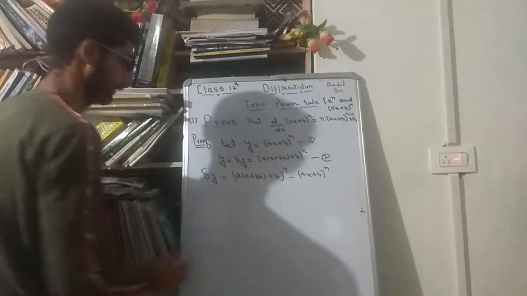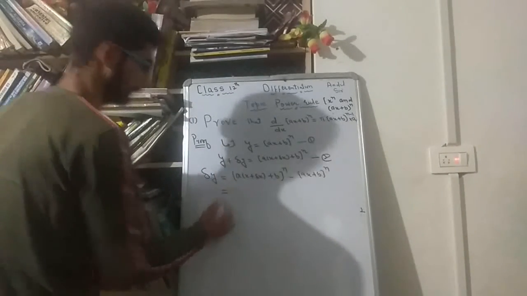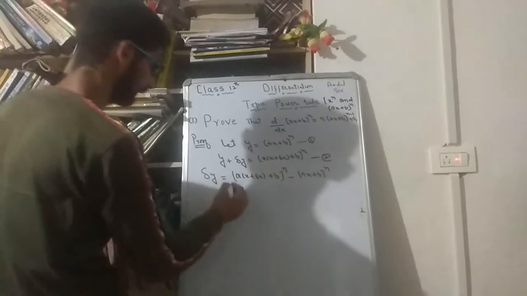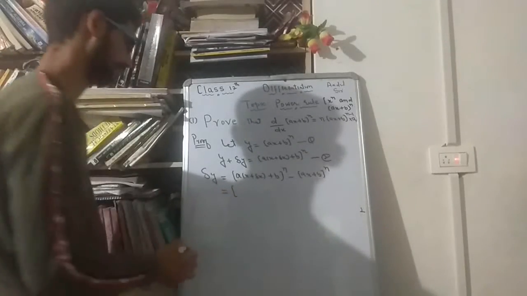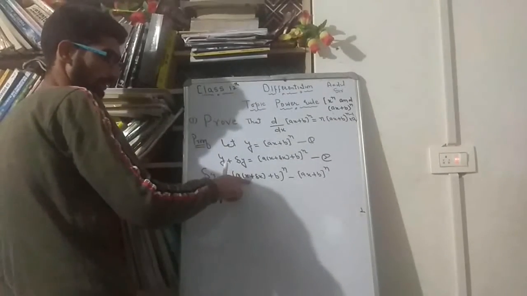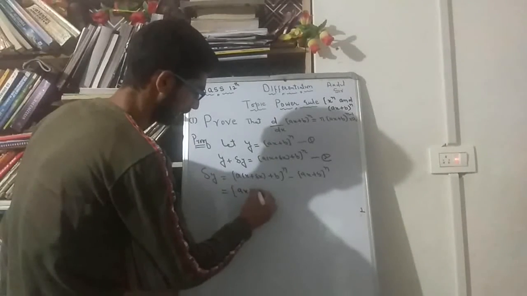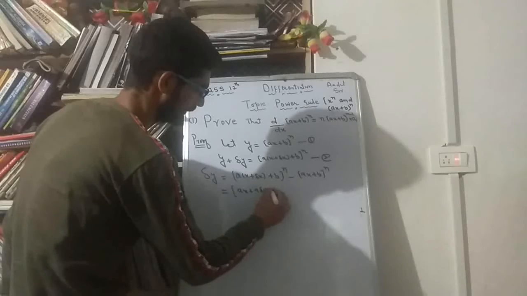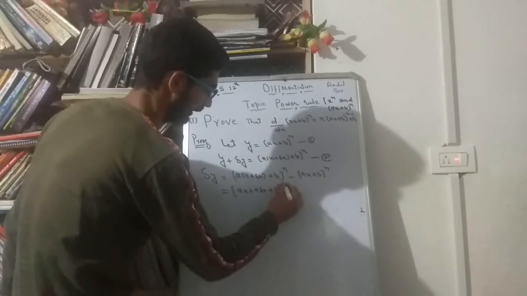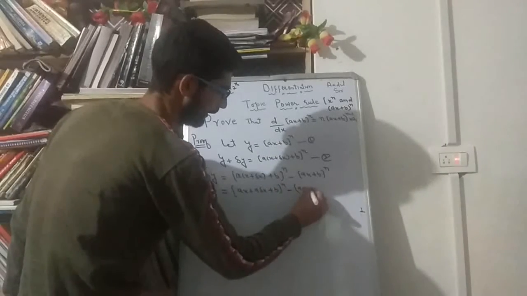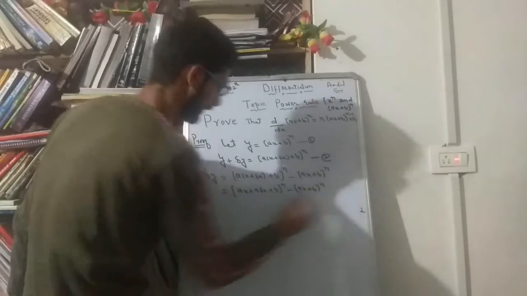So now it is equal to, check here, it will be (ax plus a del x plus b) raised to the power n minus (ax plus b) raised to the power n.